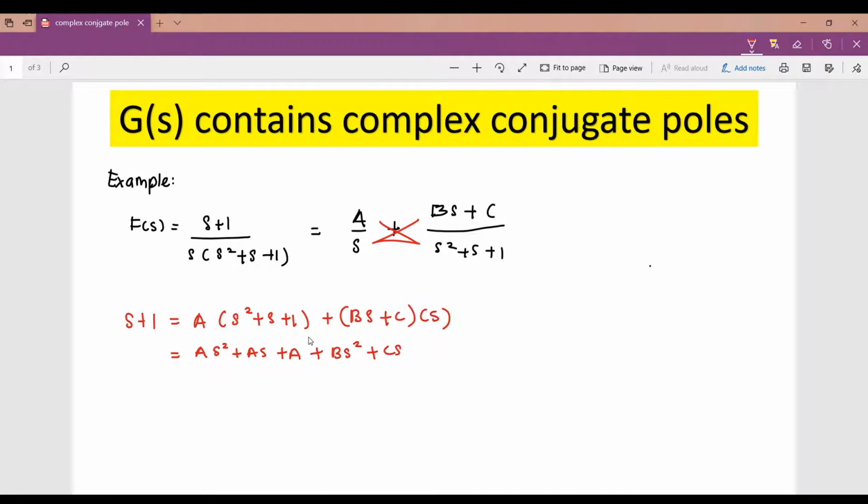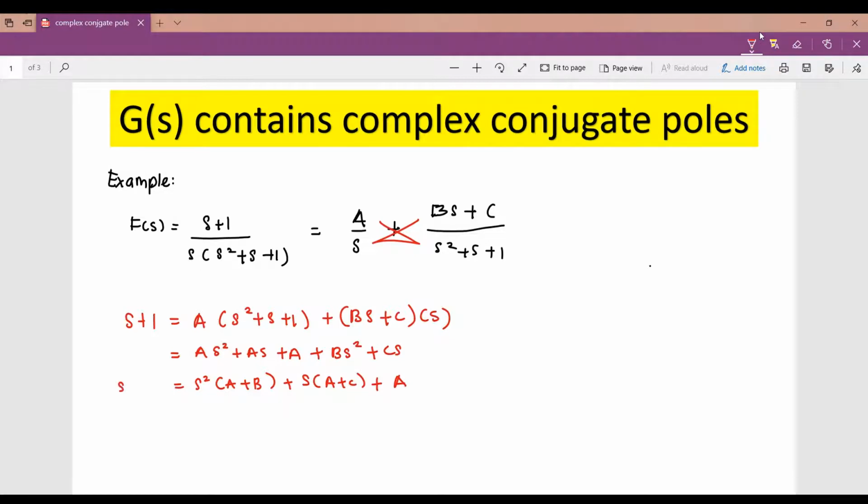Okay, so after this, I need to compare the coefficient for s squared, which is A plus B, and then the coefficient of s, oh sorry, not that, the coefficient of s is actually A plus C, and the last one is no s, which is A.